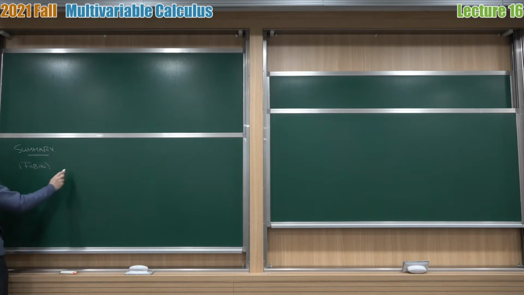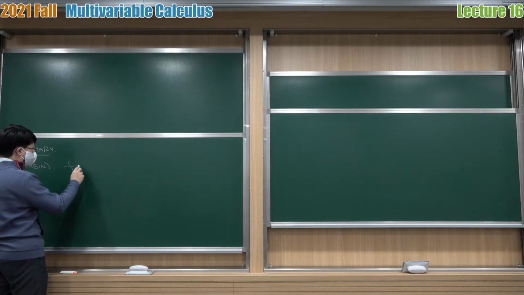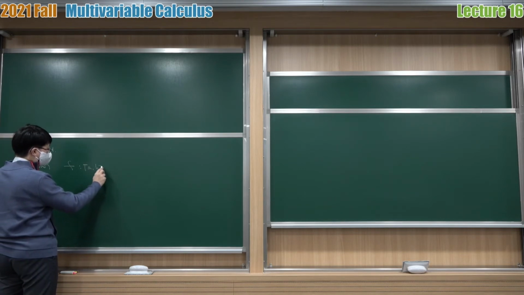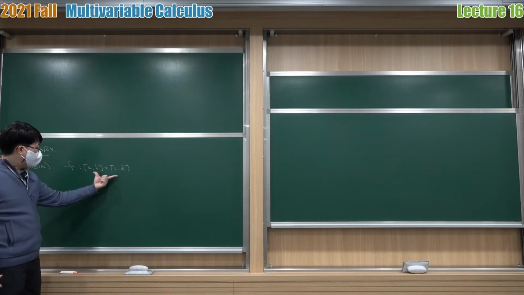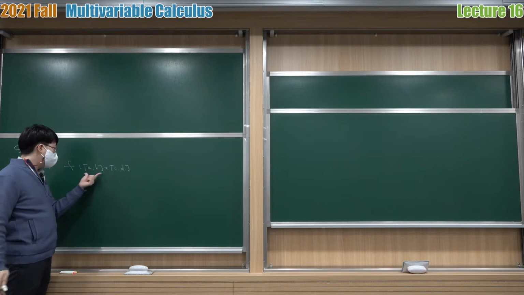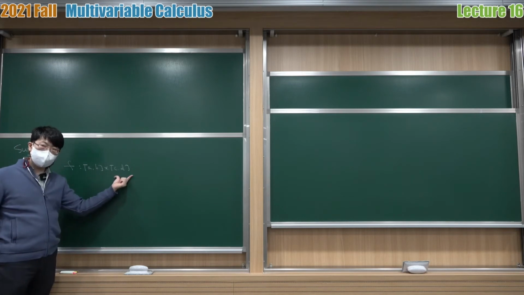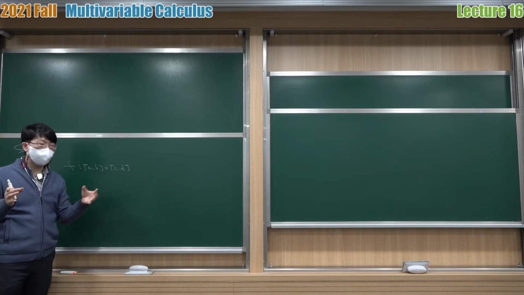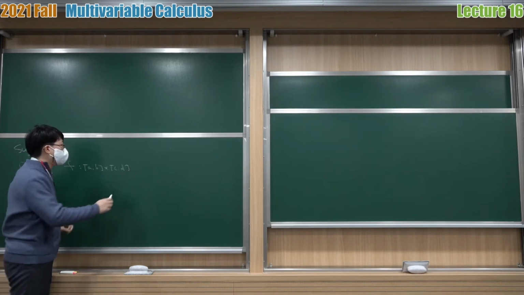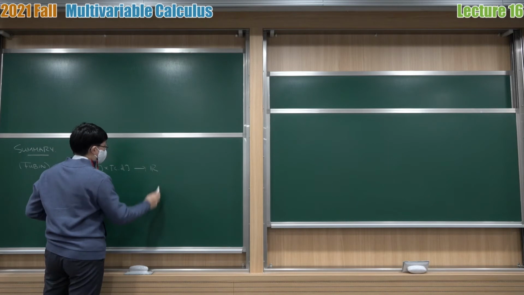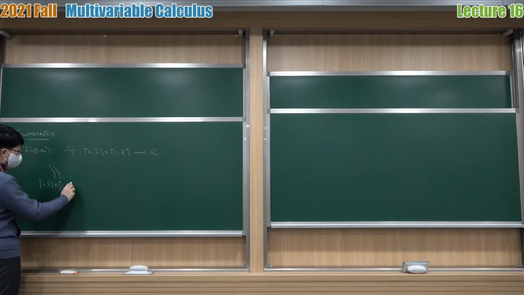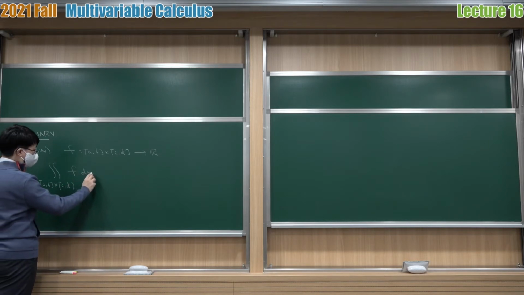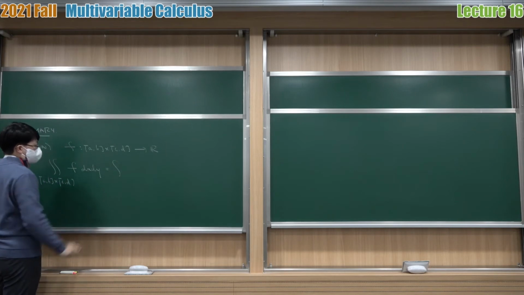Fubini says that if f is a two-variable function defined on a rectangular domain, and this rectangular domain has a boundary, so it's a product of two closed intervals, then you can compute the double integral using an iterated integral.